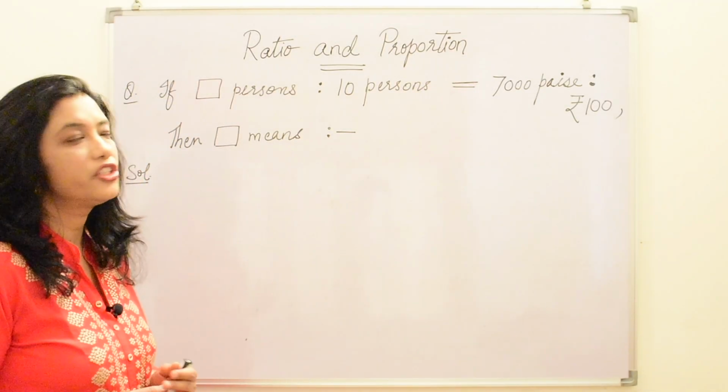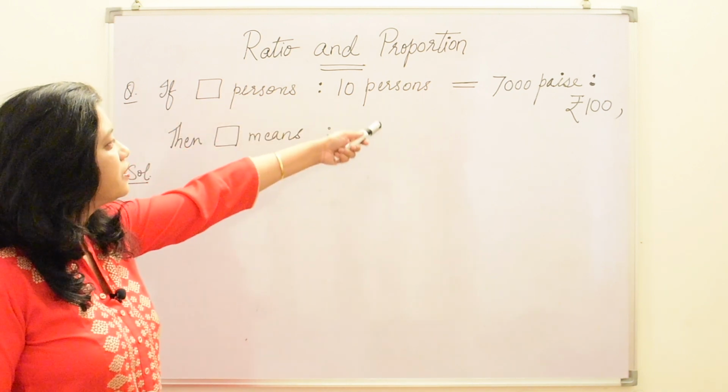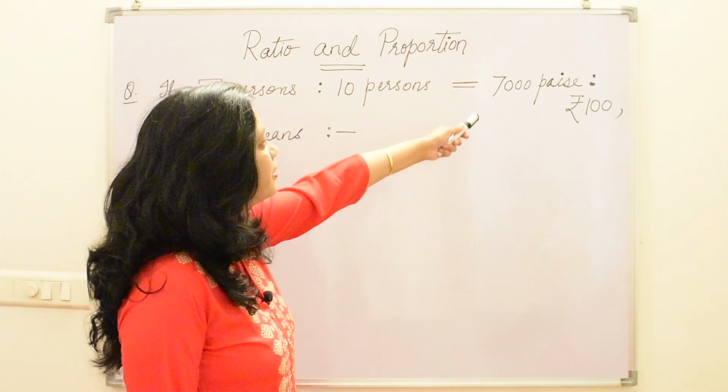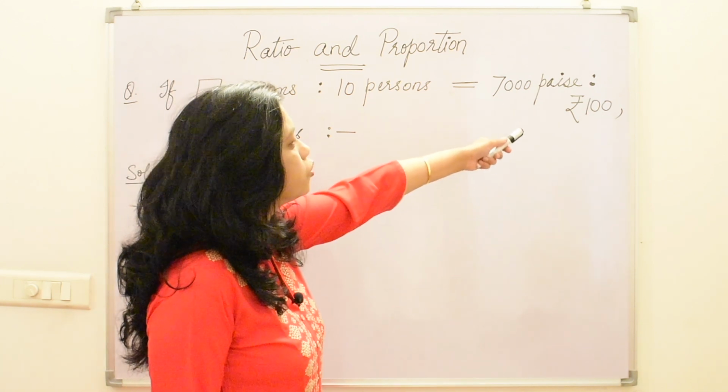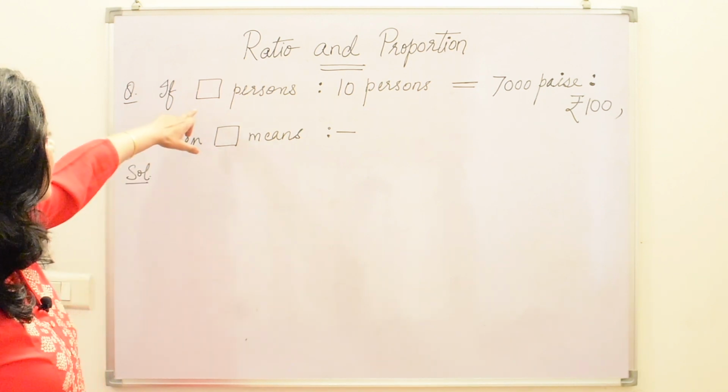Let us solve this question. If this many persons is to 10 persons equals 7000 paise is to rupees 100, then we have to find the value of this.